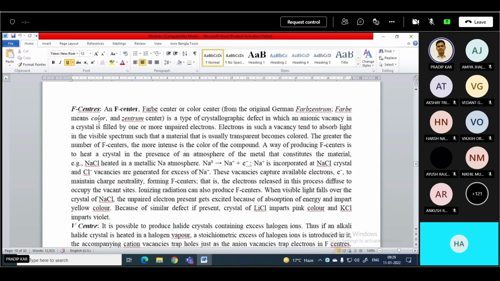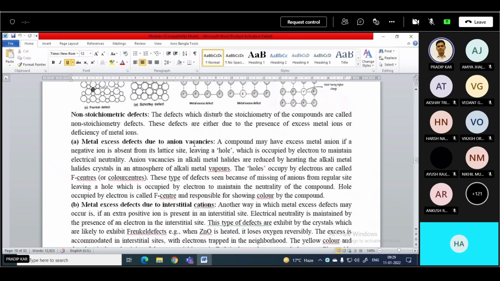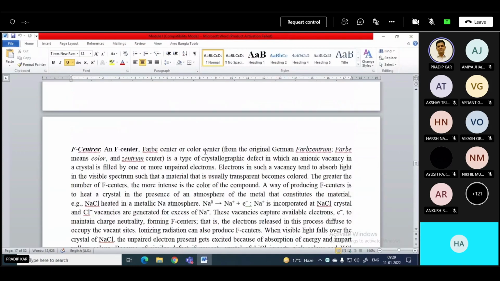Farbe means color and Zentrum means center. So F center means color center. As we have already mentioned, F center is due to non-stoichiometric defects, metal excess due to anion vacancies.